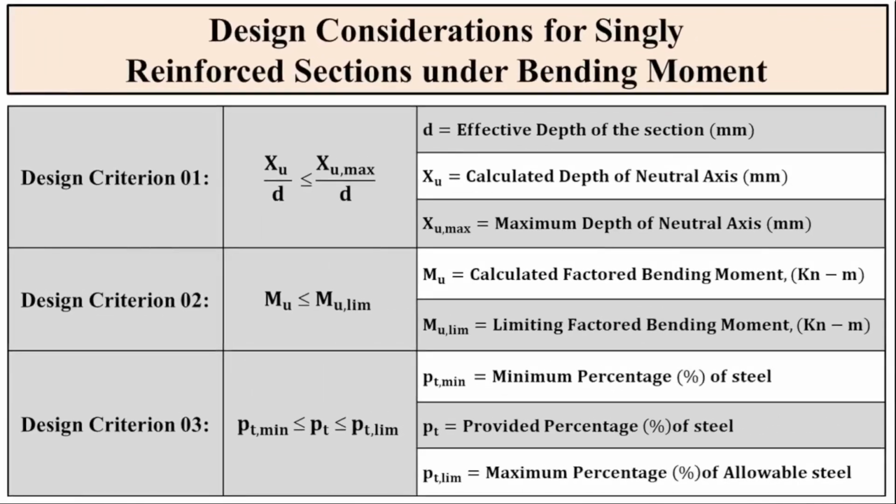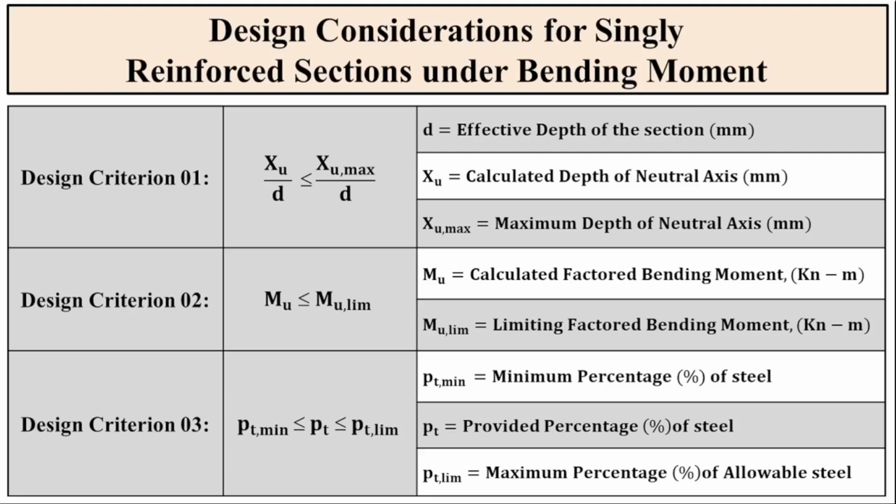This slide summarizes the key design criteria for singly reinforced sections under bending moment. We've covered 3 essential checks in this video. Design Criterion 01. The first criterion ensures that the depth of the neutral axis, XU, remains within acceptable limits.